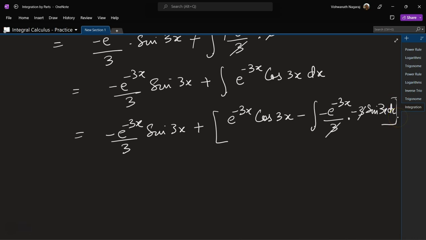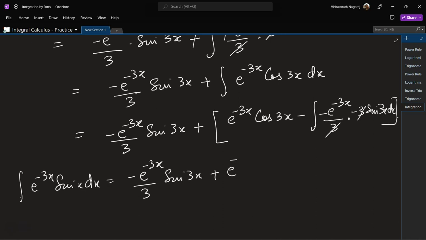So 3 and 3 cancel. And what do we have? Here we have the integral of e to the power of minus 3x sine 3x dx is equal to minus e to the power of minus 3x by 3 sine 3x plus e to the power of minus 3x cos 3x. By the way, here also there will be a by 3.